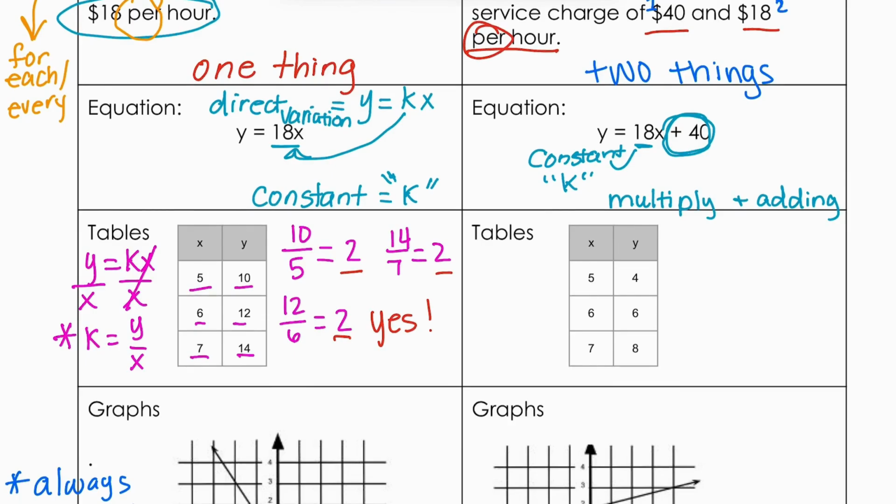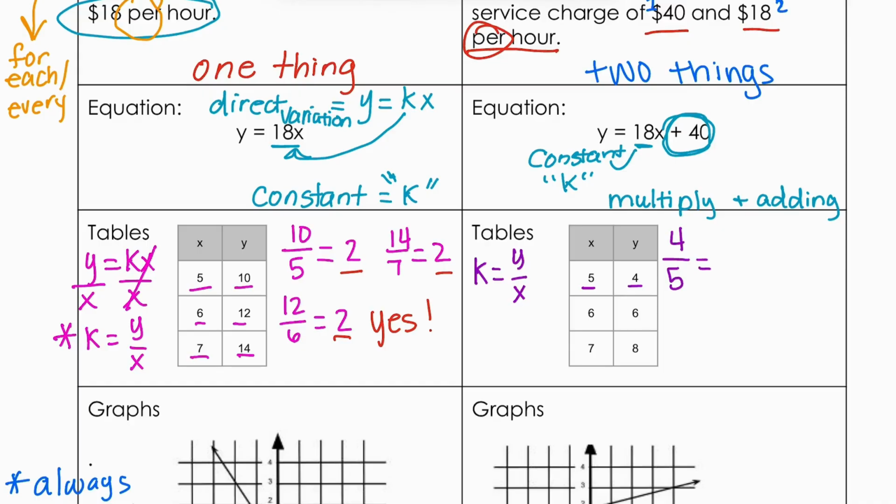In tables, again, we have our x and our y values. We're going to use the same formula, k equals y over x, to find the constant k. I have my y value of 4, my x value of 5. 4 over 5, is that a pretty number?